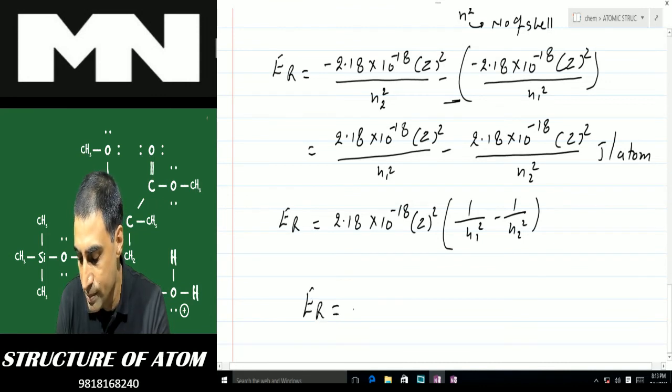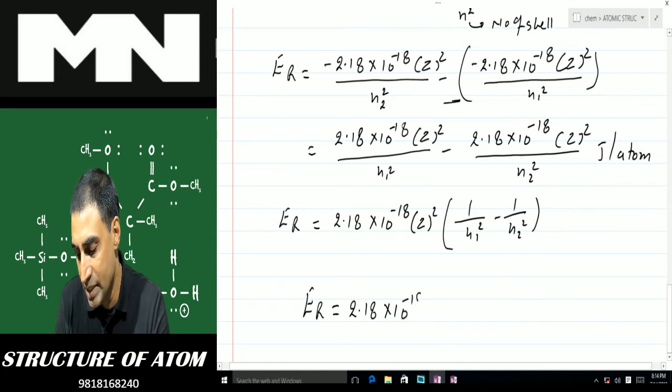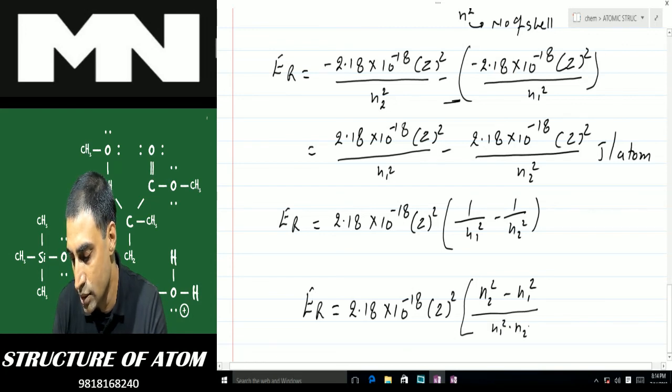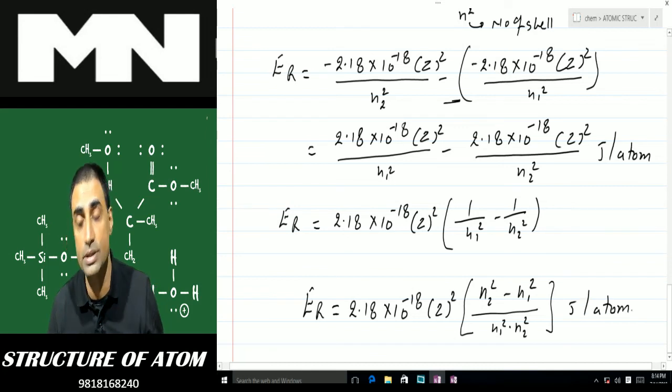Energy of radiation is 2.18 into 10 to the power minus 18 into z square, where z is the atomic number, into n2 square minus n1 square upon n1 square into n2 square, joule per atom. So this is how you can calculate energy.